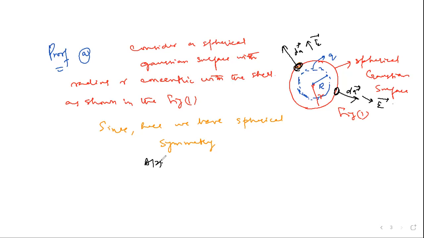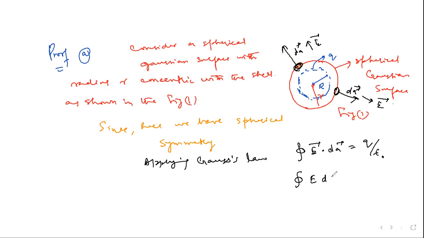So applying Gauss's law, closed integral E dot dA is equal to Q by epsilon naught. Here Q is the charge inside the Gaussian surface. That is here Q also, because the Gaussian surface encloses the whole spherical shell which has charge Q. This will become just E dA, because everywhere the angle between electric field and area vector is 0, cos 0 is 1.